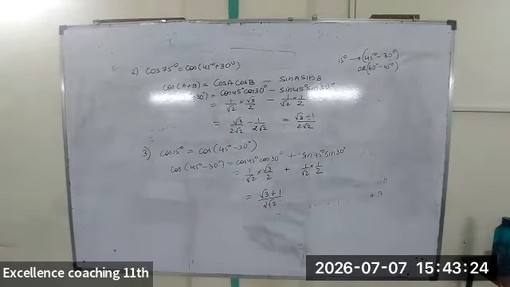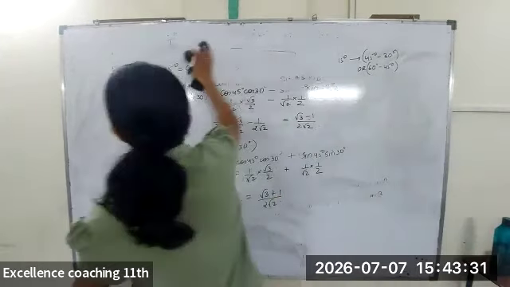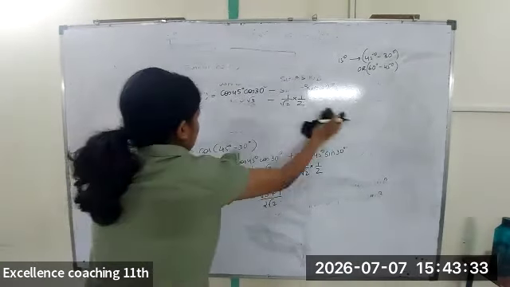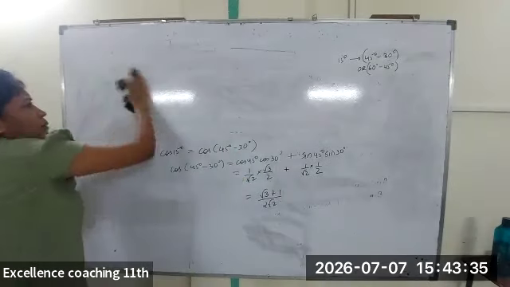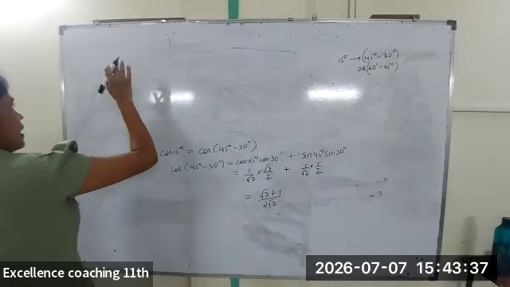Right? Tan of 15. So tan of A plus B formula, A minus B formula. So like that, any compound angle can come. Tan, sine, whatever.